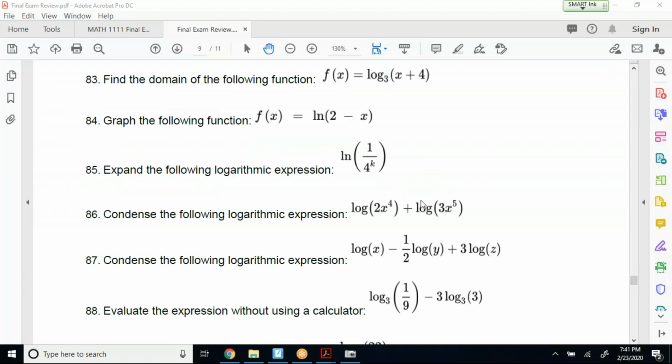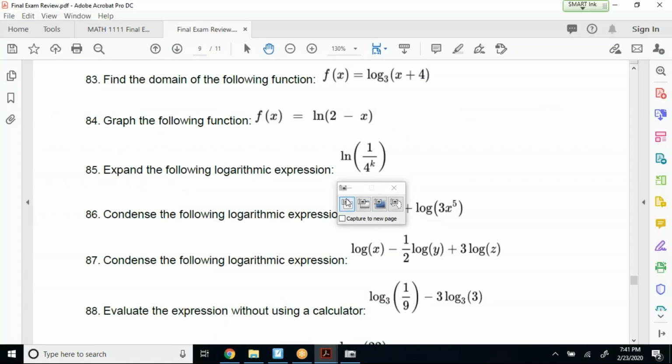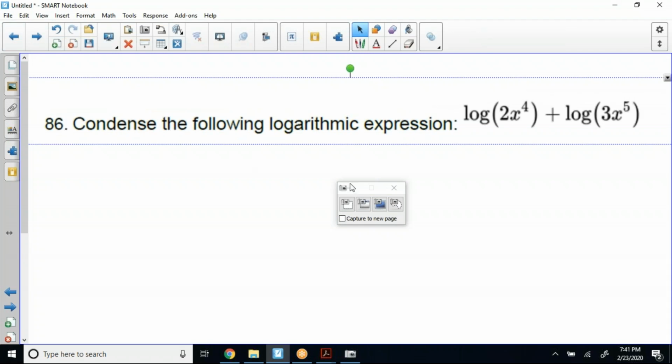All right, so 86 and 87. Let's do this. I'm going to grab both of them real quick. Looking at this, condense it.